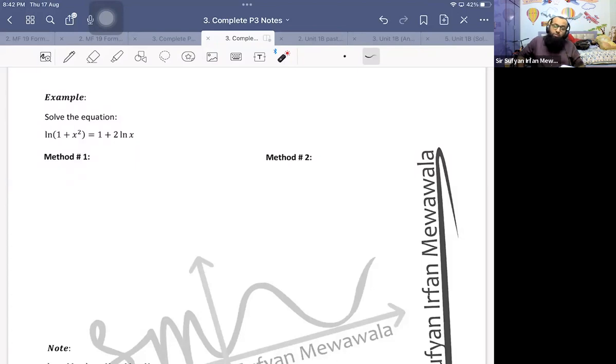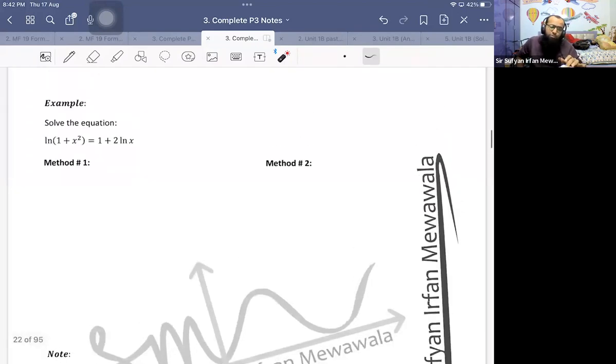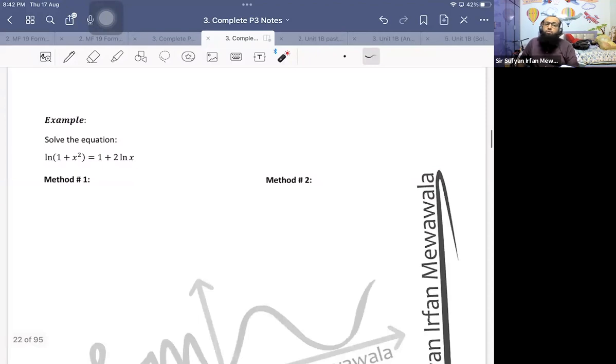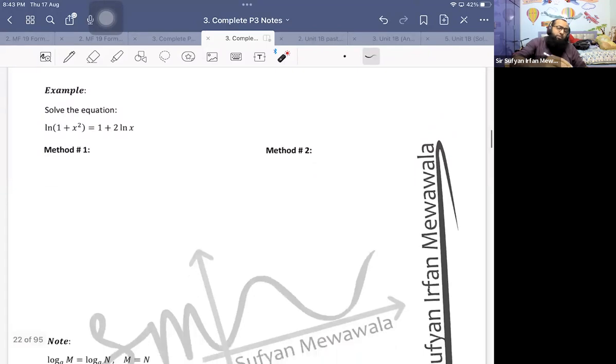And one instruction has already been given to you, that whenever the equation is a logarithmic equation, and if we get multiple answers, then we have to verify the answers by substituting in the original equation and reject any answers that cause the logarithm to be undefined. So this type of equation is a logarithmic equation.